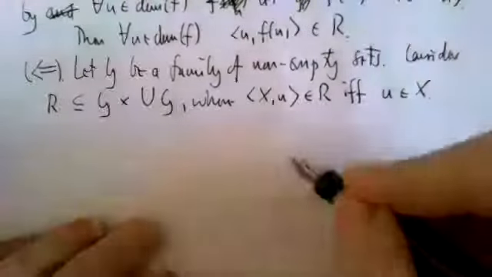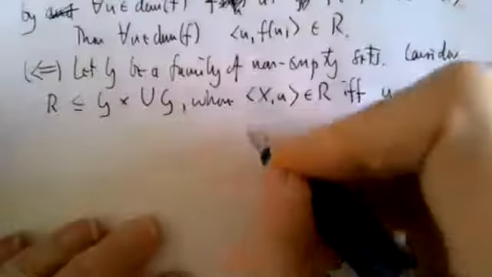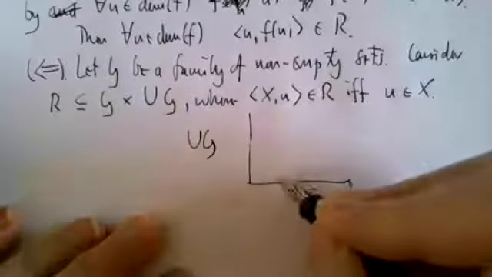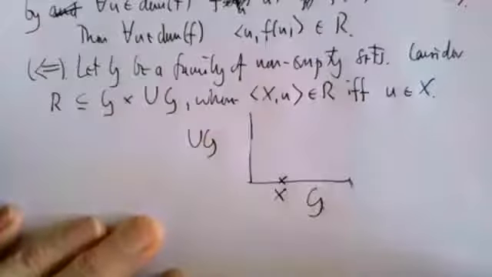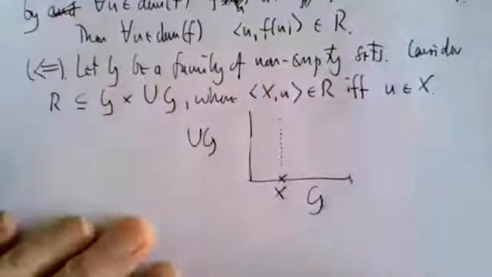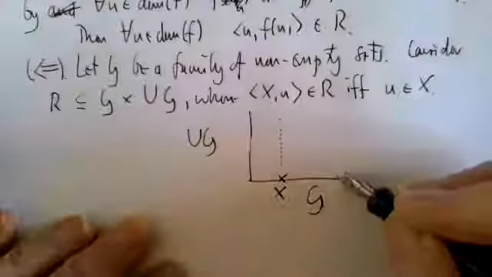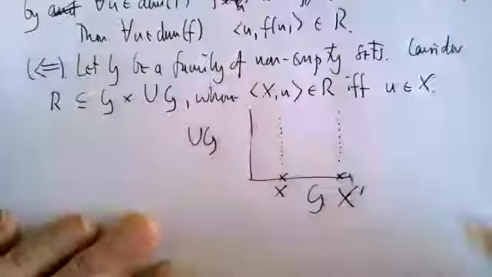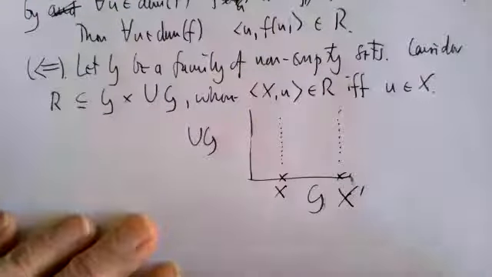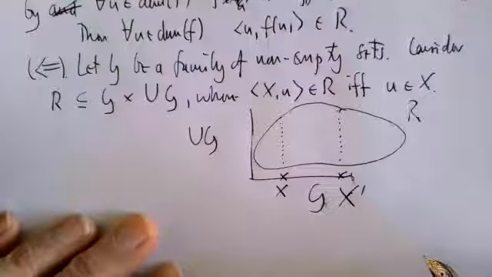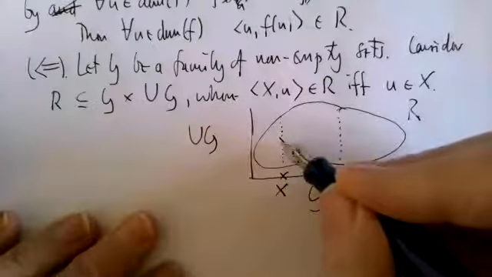So you can see that what I'm doing is something like this. Here is G, here is the union of G, here's a typical X that's in G. And I just write the elements of X out here. Here's another one, X prime, and here are the elements of X prime written out like this. So this constitutes my region. And now the uniformization principle gives me a function.